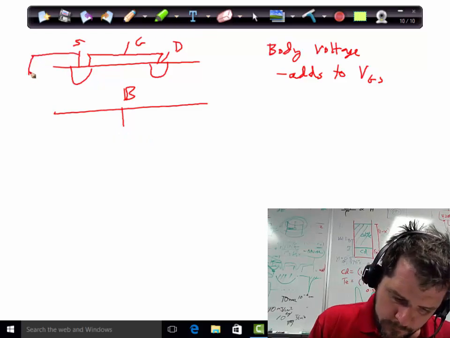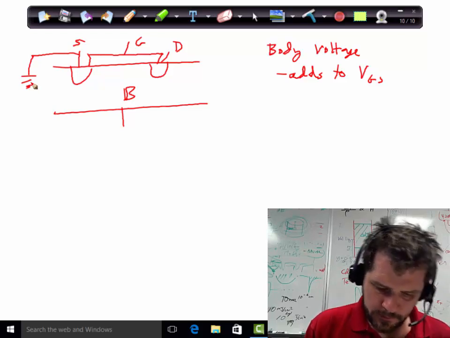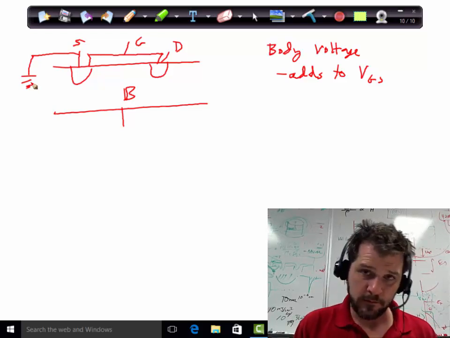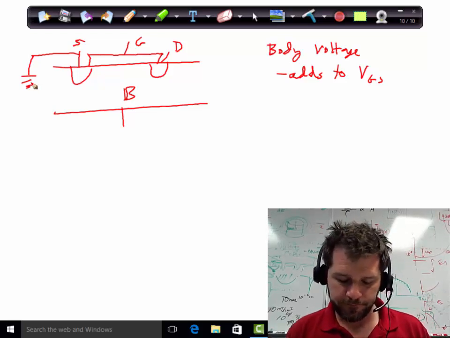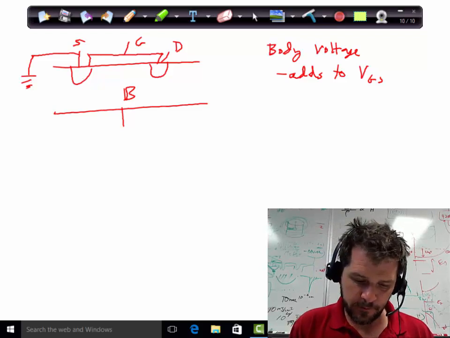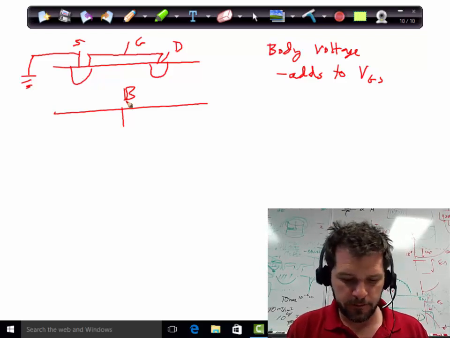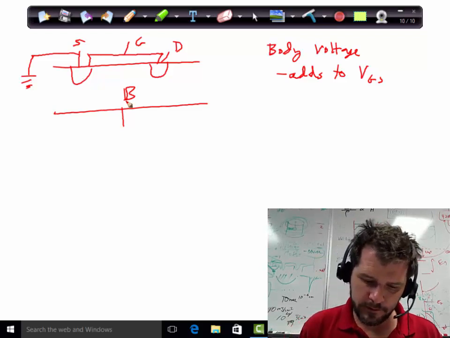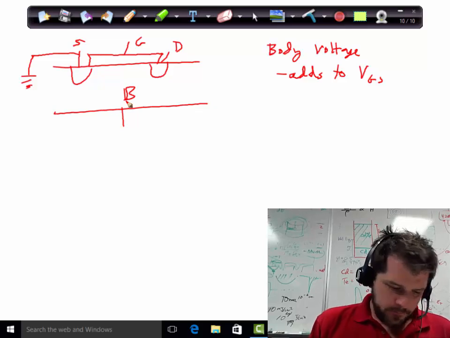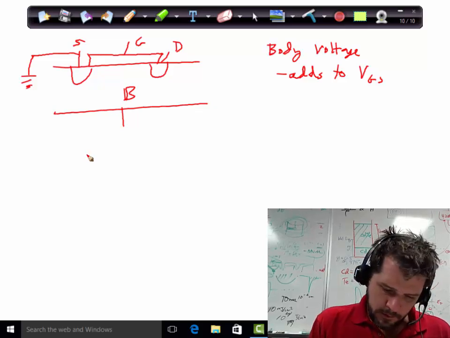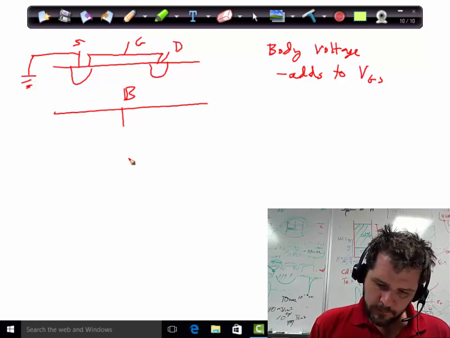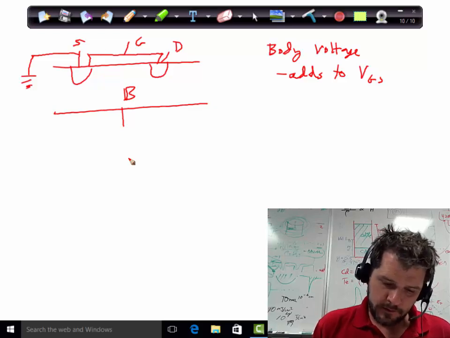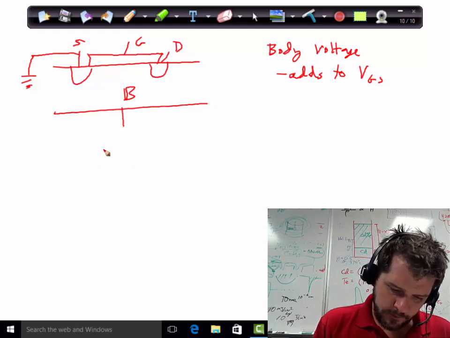So it's not quite the same effect because it's changing the relationship between the source and the base now. Previously we were assuming that they were both grounded. So the main effect is that it's going to change the threshold voltage around.